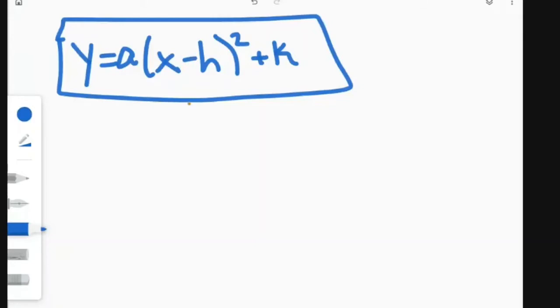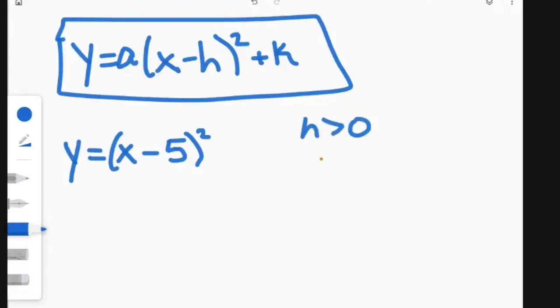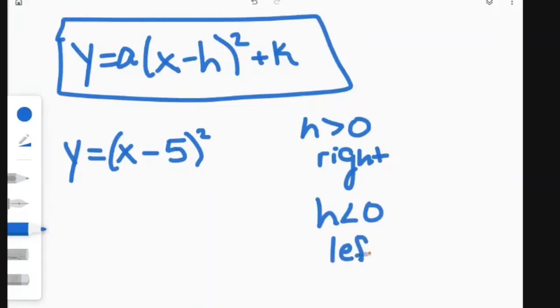If I have y equals x minus 5, all in parentheses, squared, what this is actually saying is, if h is greater than 0, you're moving to the right. If h is less than 0, you're going to move to the left.